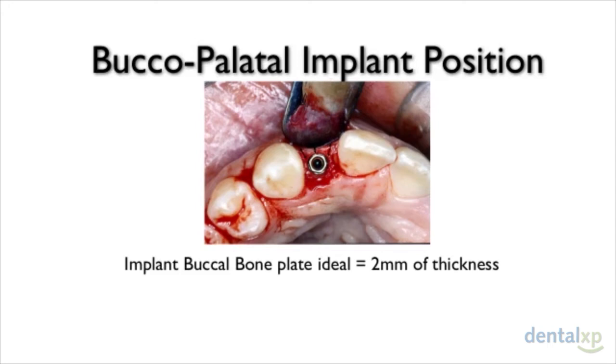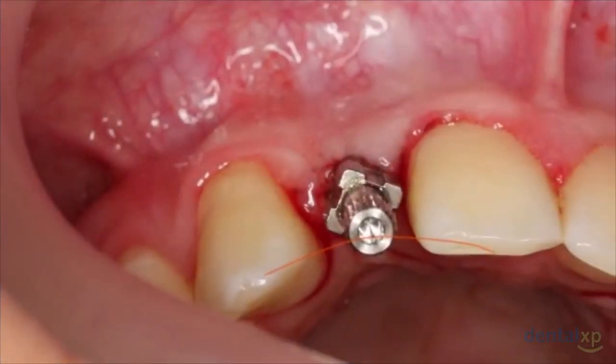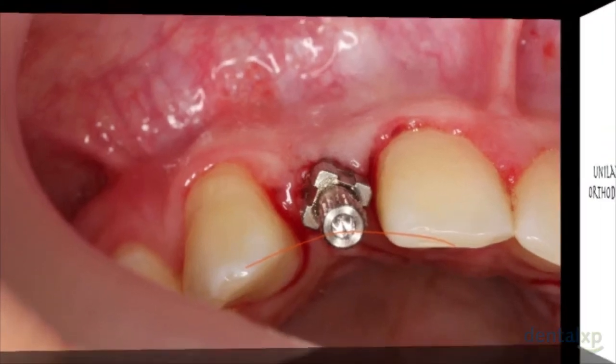So an implant placed in the palatal area of the cingulum will have an ideal placement to create a nice buccal bone. The last in order but not in importance is implant angulation. The implant angulation should have an emergence profile that should be created from the incisal edge to the cingulum.